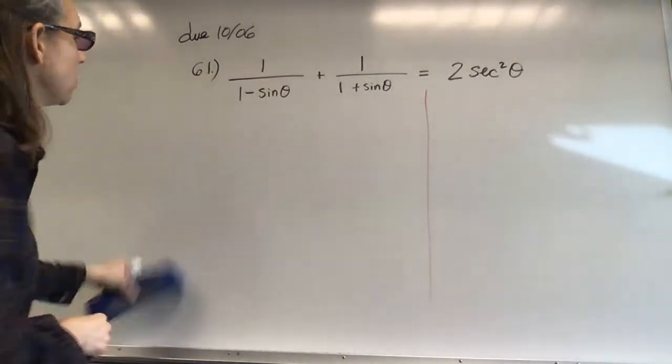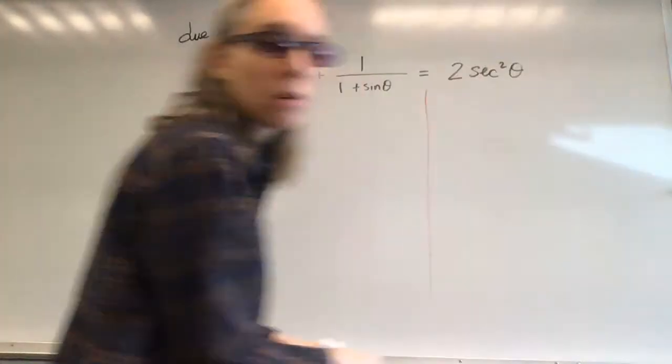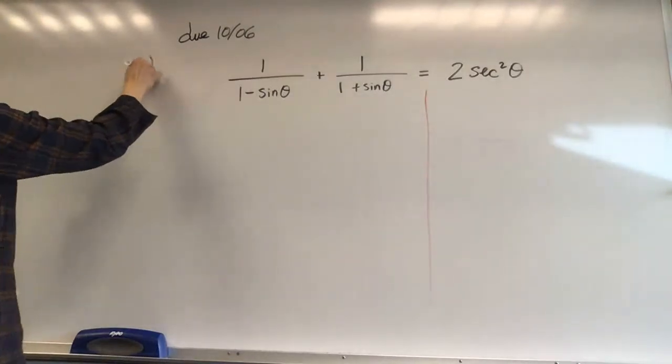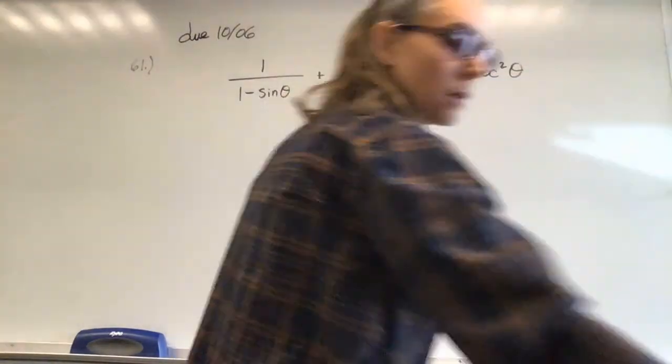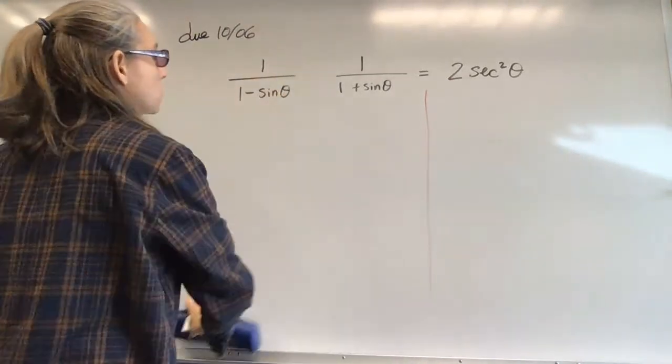So what I would want to do when I copy this down is make sure that the problem number is well out of the way. And then I would also want to make sure that I left some room for fraction multiplication.